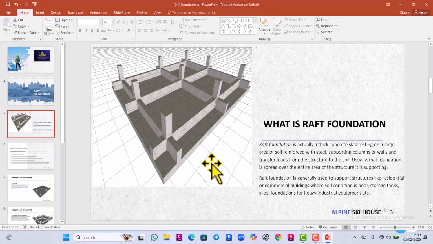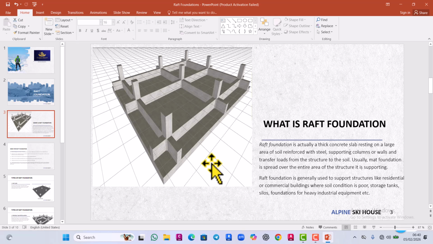But due to how heavy that structure is, if two students carry one column, it will be too heavy for them to carry. But you see that the stress will be reduced when the whole group of students carries the structure at the same time.